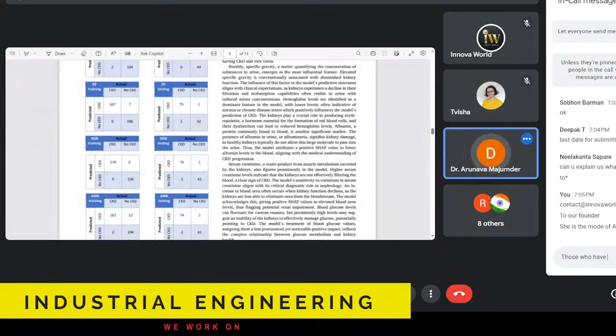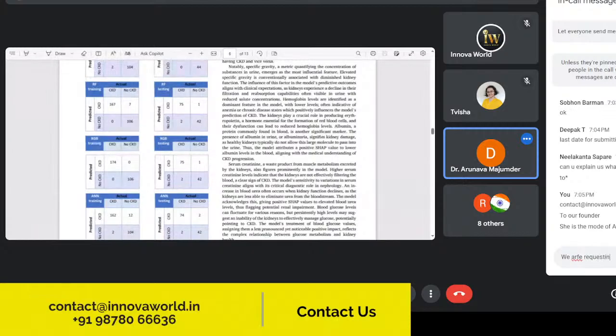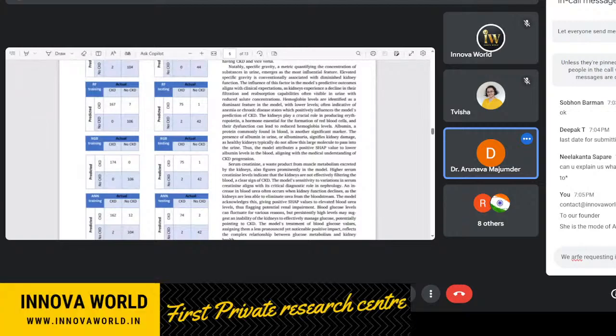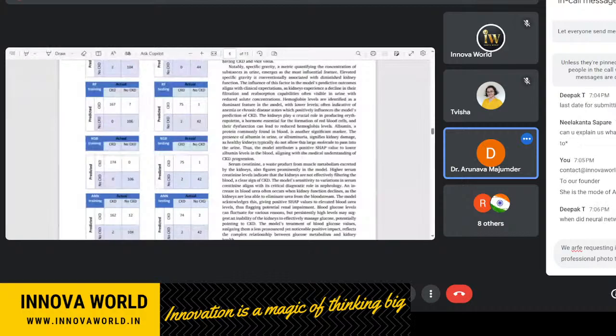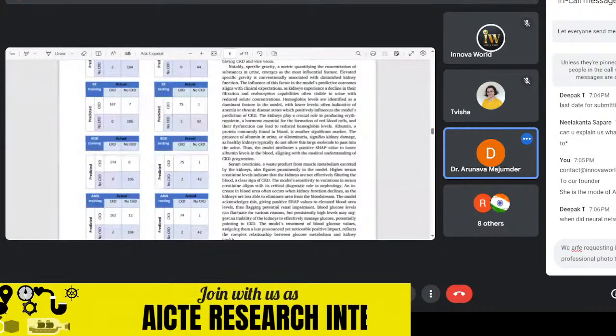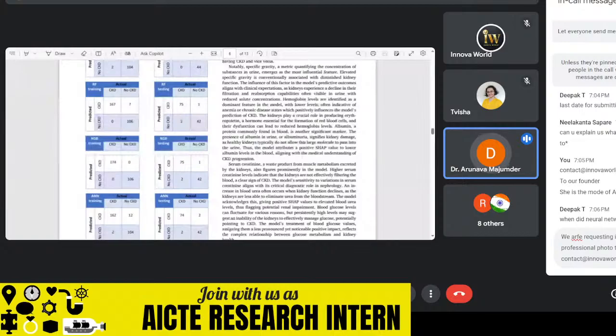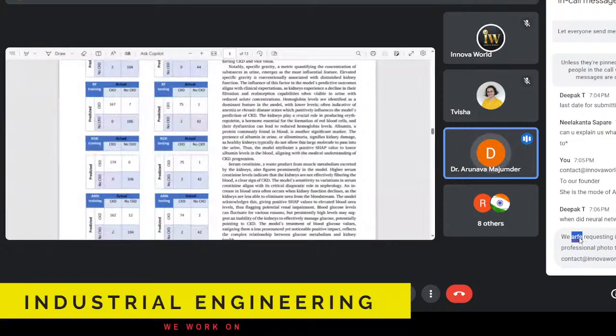Any other question? You can start the neural network model now itself, whichever model you want to use.